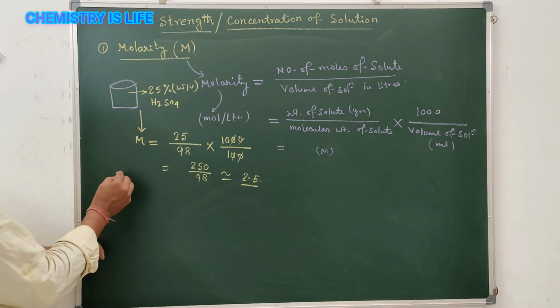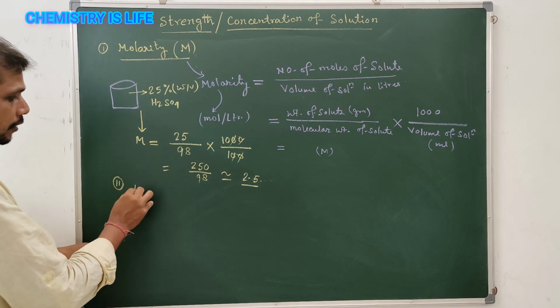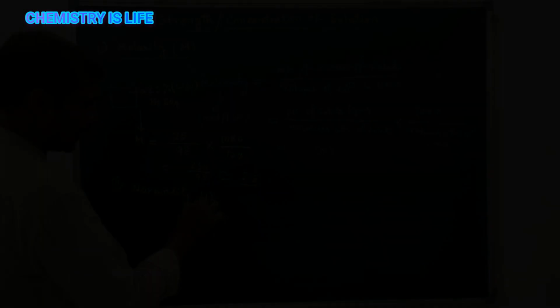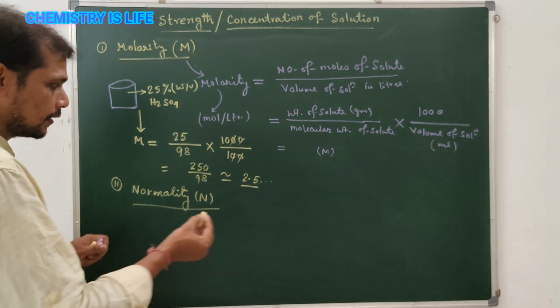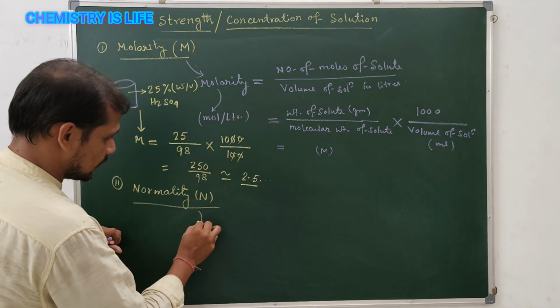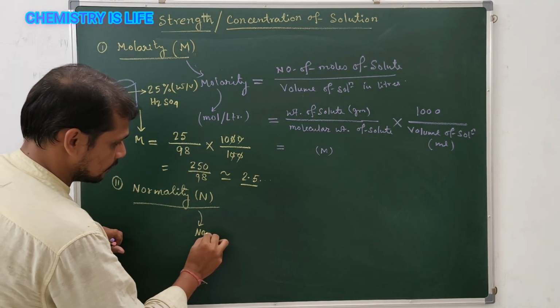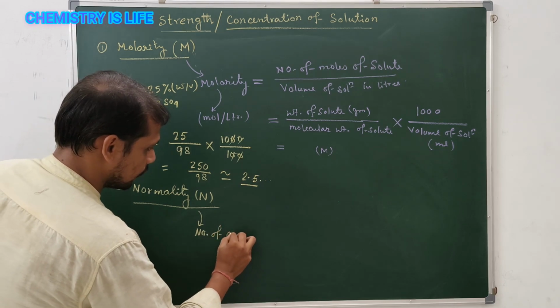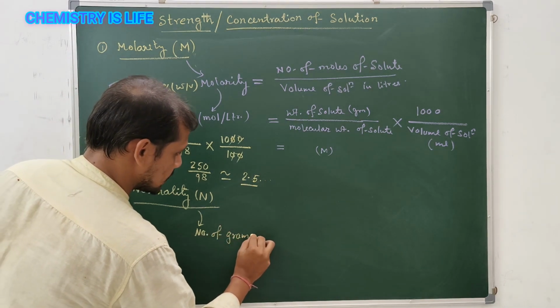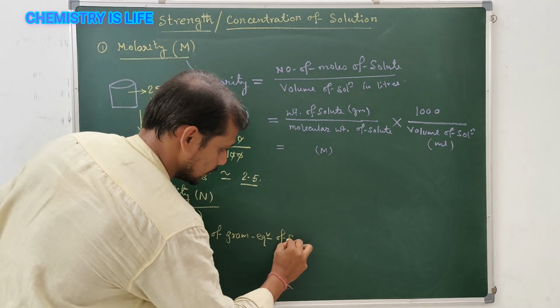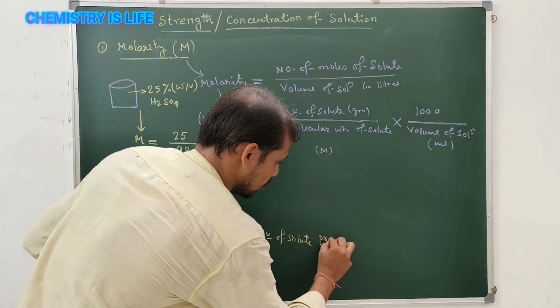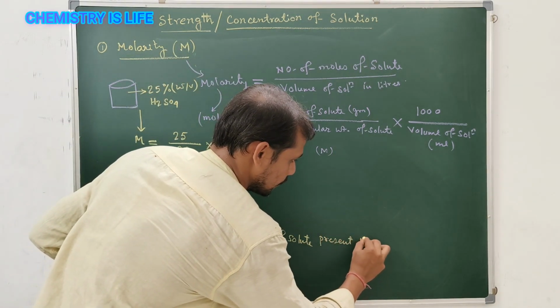Next we are coming to the normality. It is represented as capital N. What is that? It is the number of equivalents or number of gram equivalents of solute present in 1 liter solution.